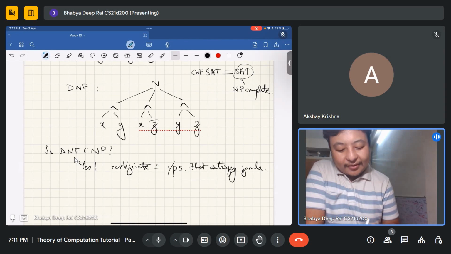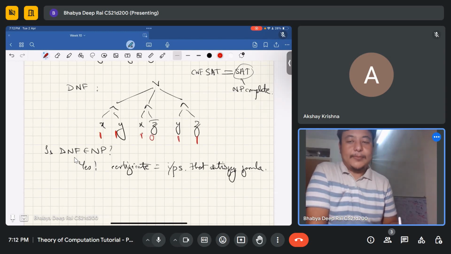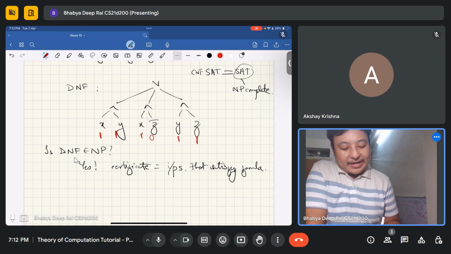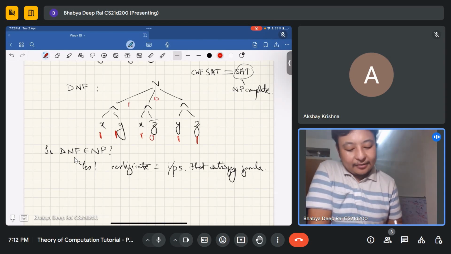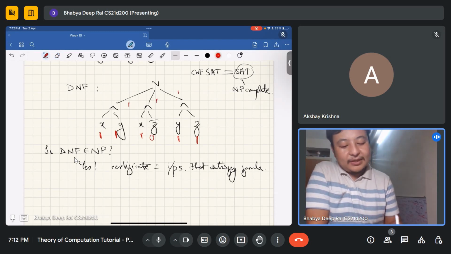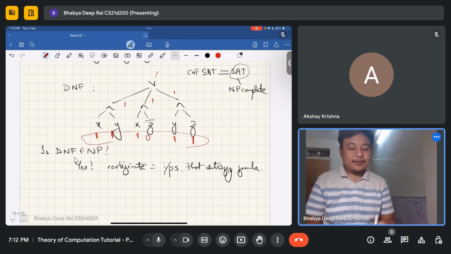For example, here, if I give 1 1 1 0 1 1, then 1 and 1 is 1, 1 and 0 complement is 1, and this also gives 1, and the whole circuit gives 1. So this itself is a certificate.